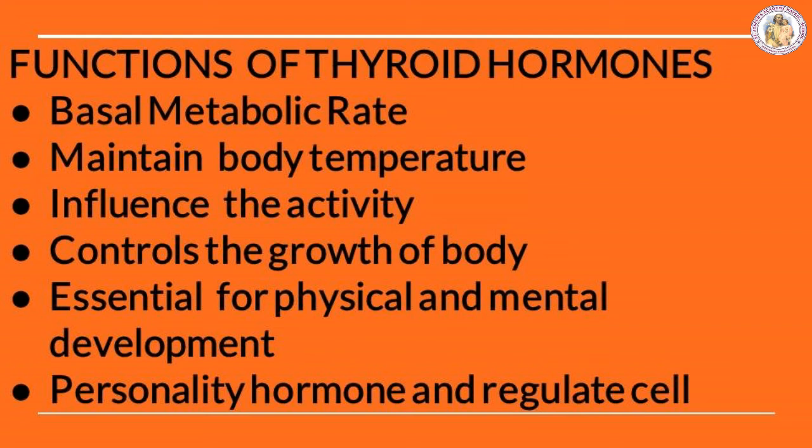It controls the growth of the body and bone formation. It is essential for normal physical, mental and personality development also. So, it is also called the personality hormone, which also regulates cell metabolism. So, these are the functions of thyroid hormones.